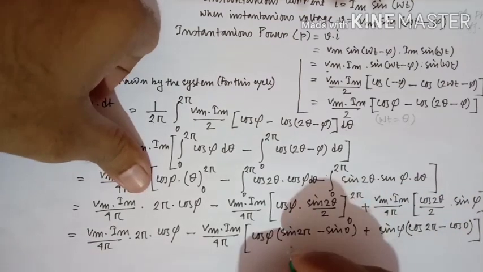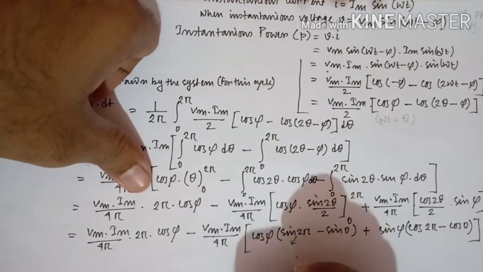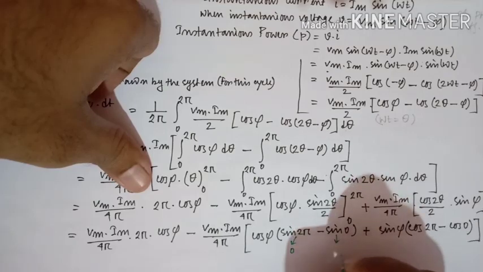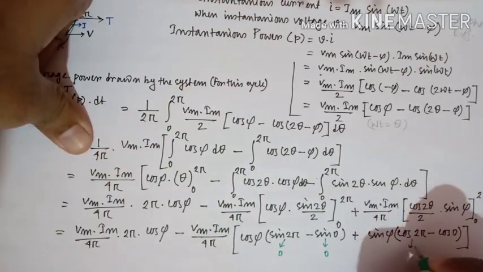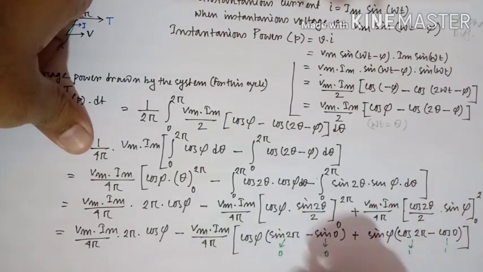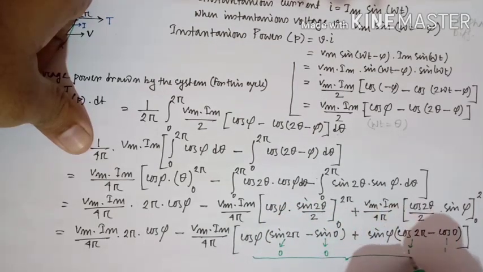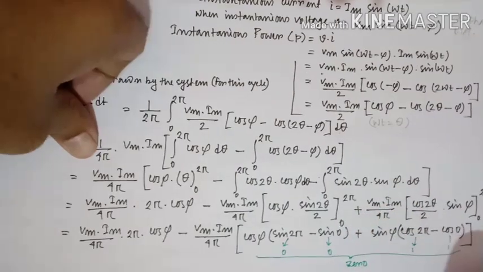So sin 2 pi is 0, sin 0 value is 0, cos 2 pi is 1, cos 0 is 1. So all this term will be cancelled out because it gives me the value as 0.